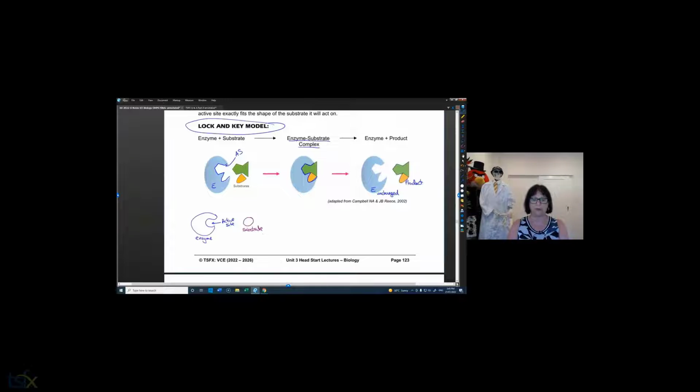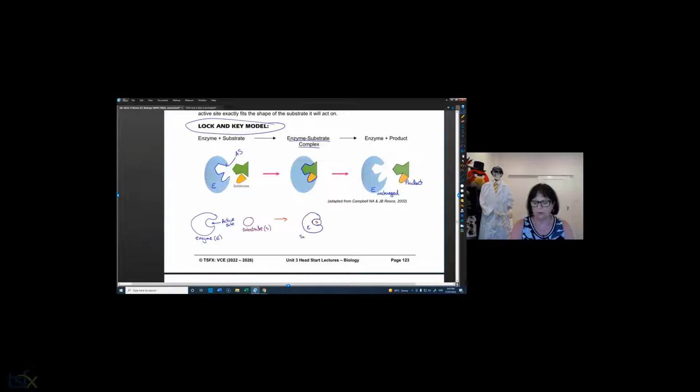So that's how I would do the first picture. Then you must show your enzyme with the substrate combined. Just do some labeling. See how I'm labeling things? That's what we mean by annotated.